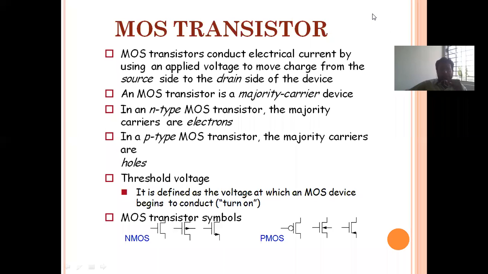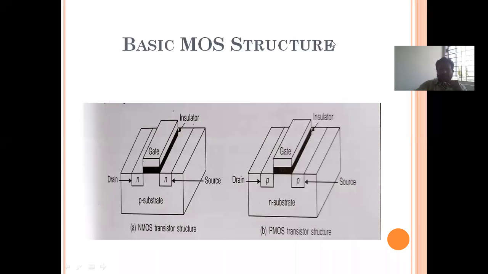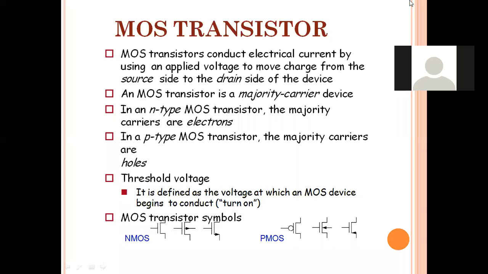What is the basic difference between the MOS transistor and BJT? Yesterday also we discussed the MOS.